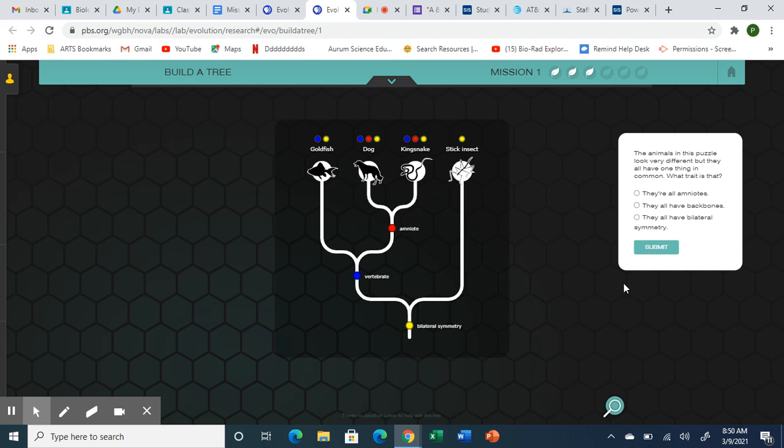So the animals in this puzzle look different than what we thought, right? But I'm glad I taped it so we know the right order. So what trait is common for them all? Oh, sorry, it's on this screen. It is that they all have bilateral symmetry.